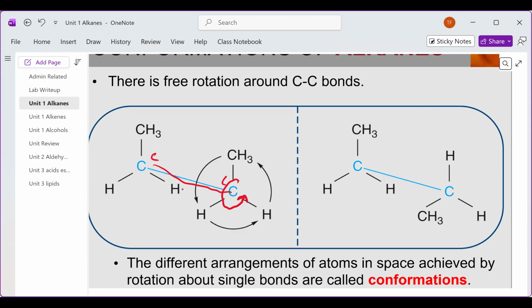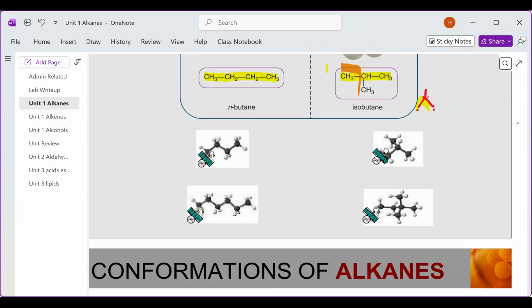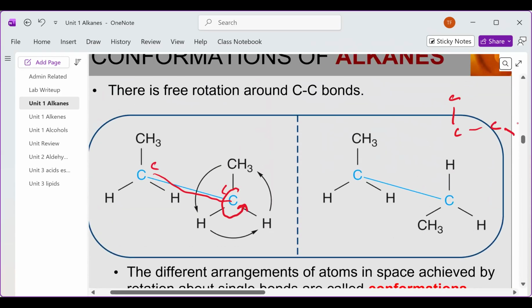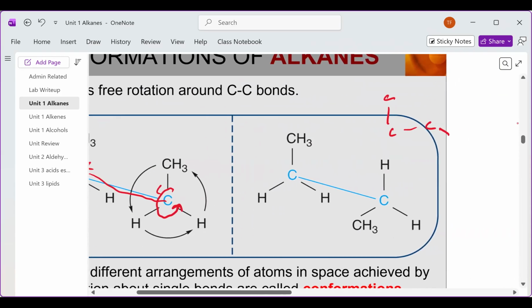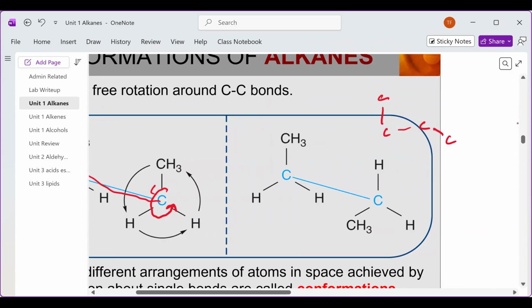Now, interestingly, we have 2 ways to represent that. Actually, 3 ways. We can have the methyl group straight up. We can have the methyl group going to the left, or we can do another one where the methyl group is going to the right.